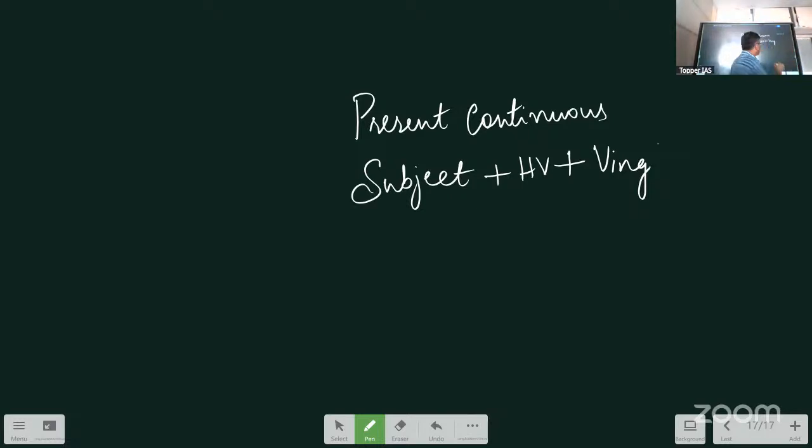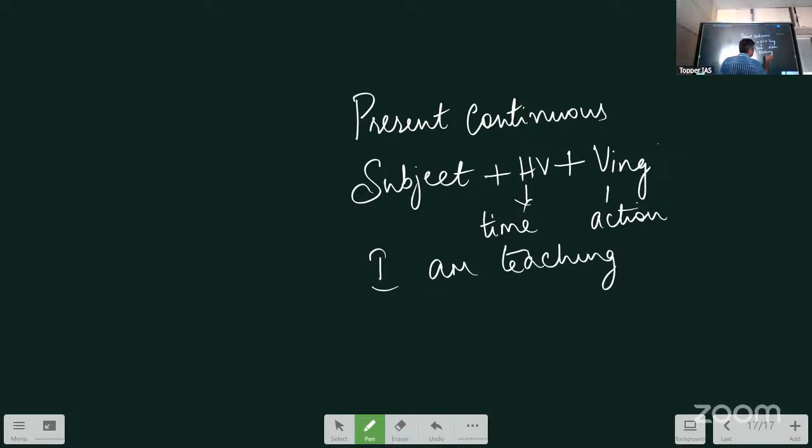This indicates action. And this indicates time. So the verb must indicate action as well as time. Here, the helping verb indicates time and V-ing indicates action. For example, I am teaching.